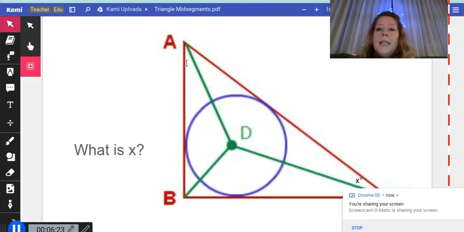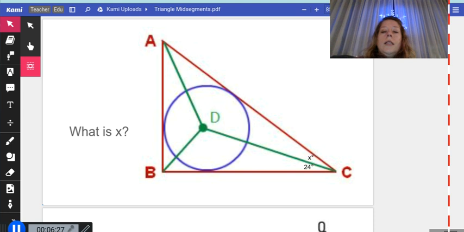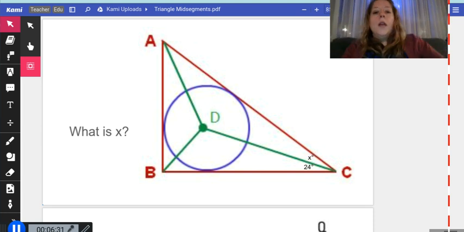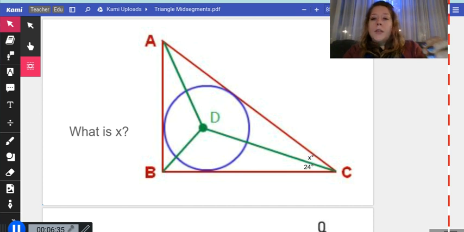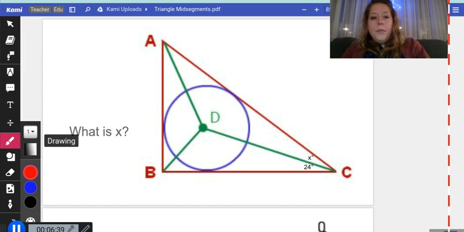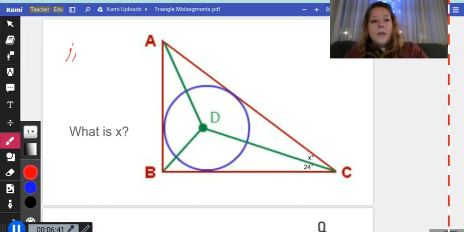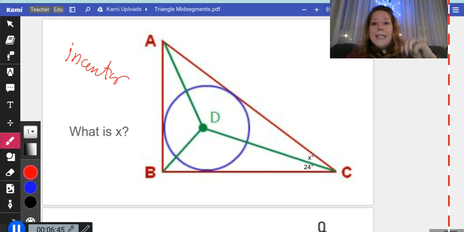I've got some sample problems here that I want to go over with you. So taking a look at this triangle, determine first what kind of lines these are. What measure of center is this? All right, so this is the incenter, and I know that because there's a circle inside the triangle.